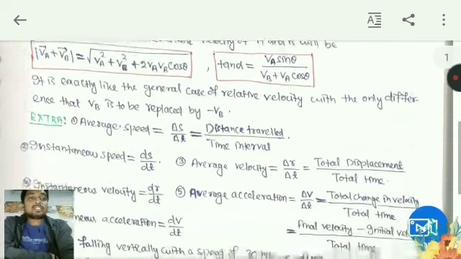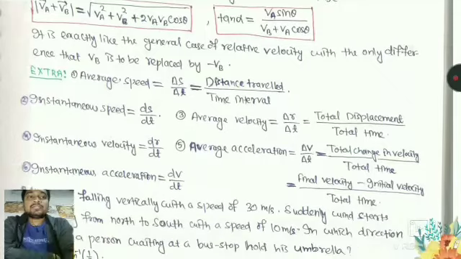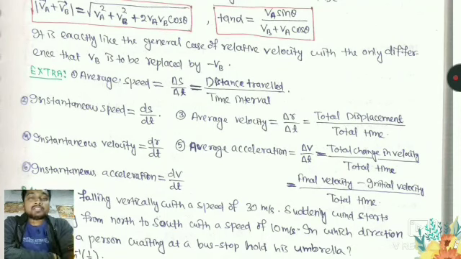So here we can see it is exactly like the general case of resultant velocity, with the only difference that VB is to be replaced by minus VB. Relative velocity and resultant velocity, the difference is VB is replaced by minus VB. What extra do we gain from this question?